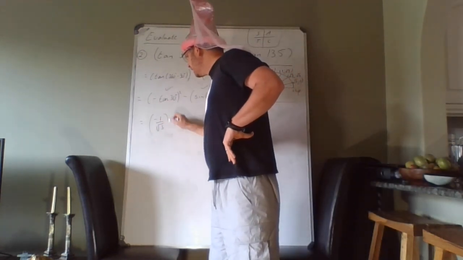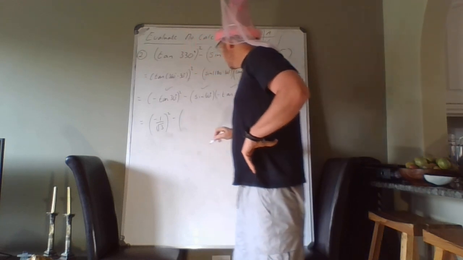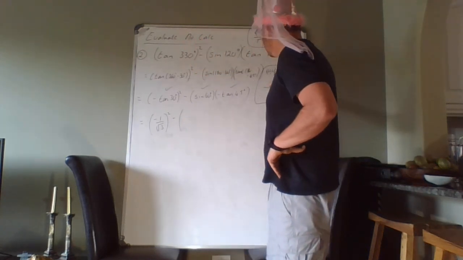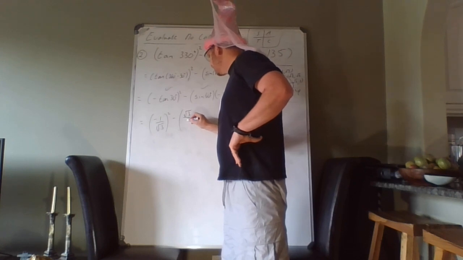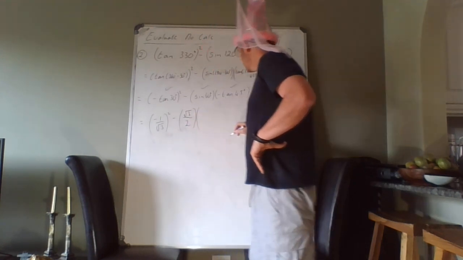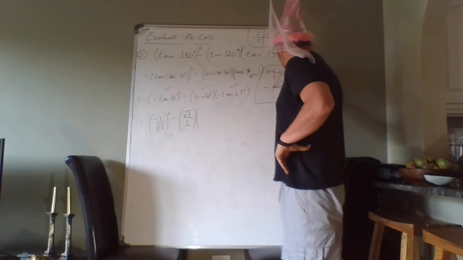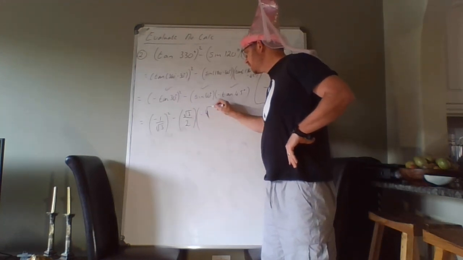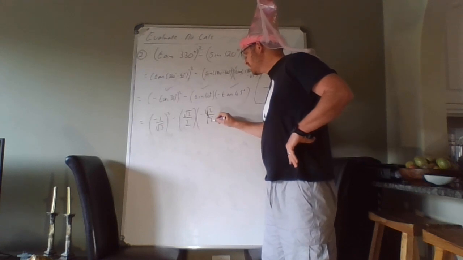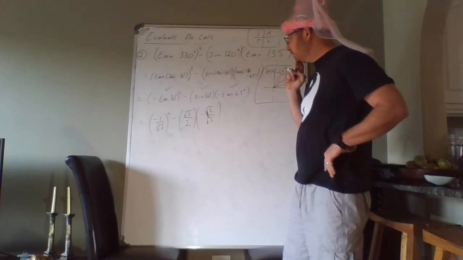over root 3, squared, minus sine of 60 is going to be y over r, where for 60 degrees your y value is root 3 and your radius is 2, minus tan 45, which is minus root 2 over 2, which is just, I'll show that if you want to, you could just write it's equal to negative 1.